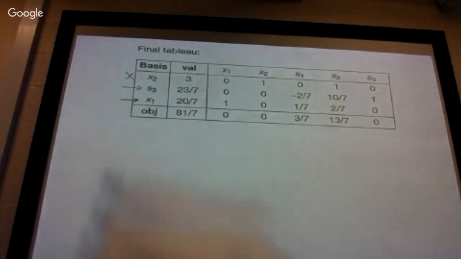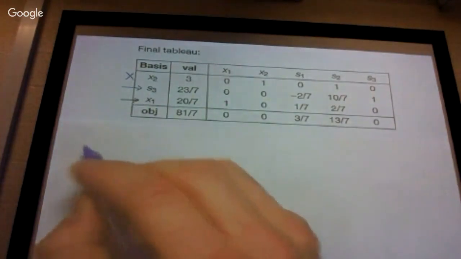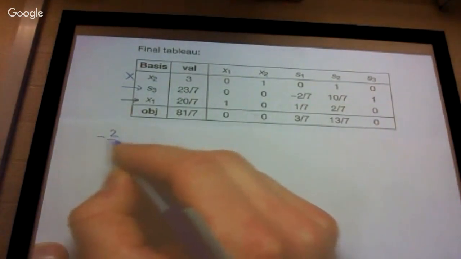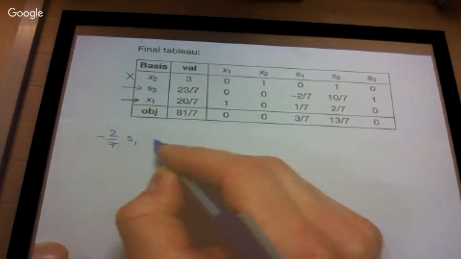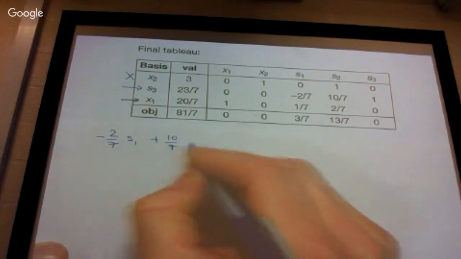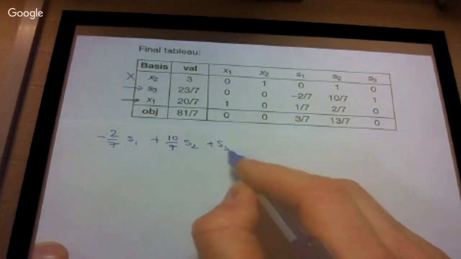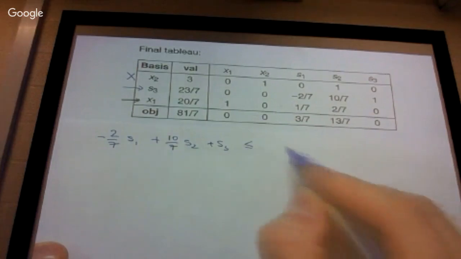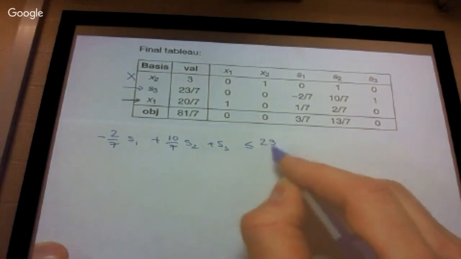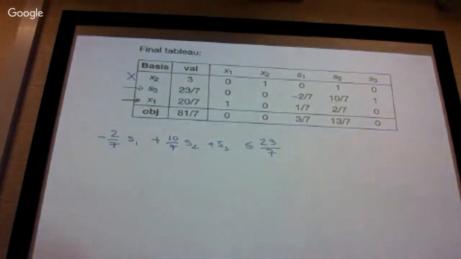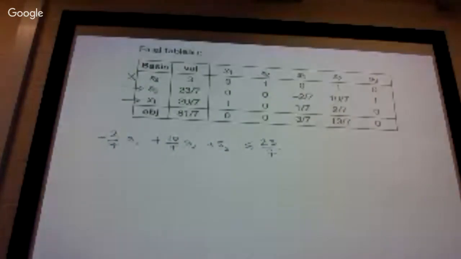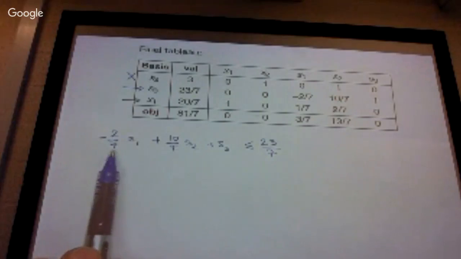So if I did take the S3 row, I would get that minus 2 over 7 S1 plus 10 over 7 S2 plus S3 is, well, I'll go for the less than or equal to 23 over 7. And now if I'm rounding down all coefficients, I have to realize that minus 2 over 7 is something between minus 1 and 0. So rounding down gives me a minus 1.